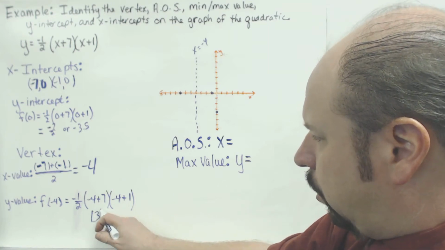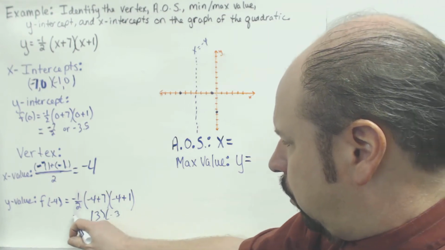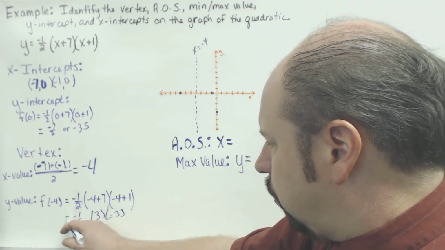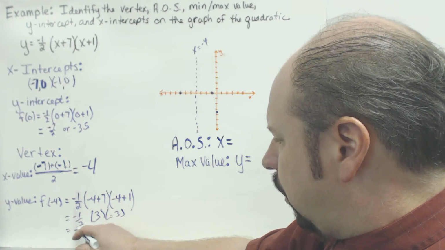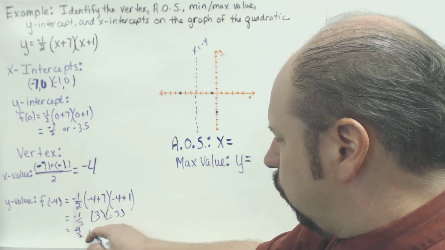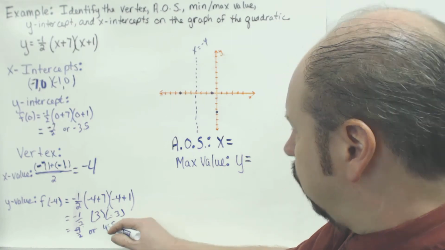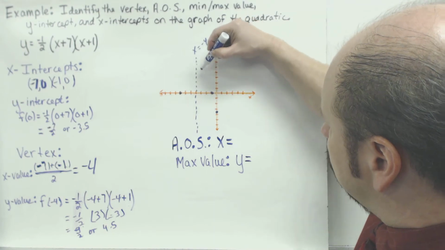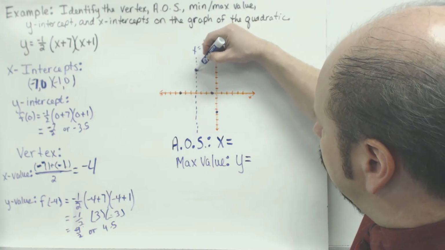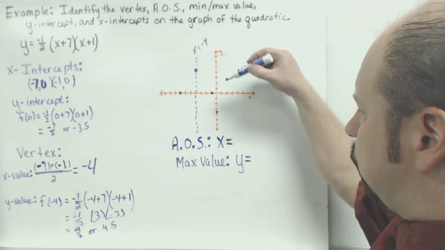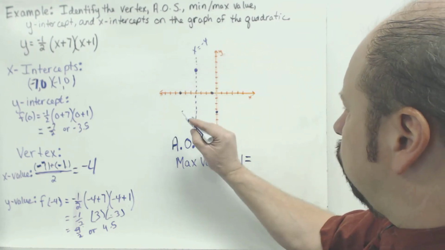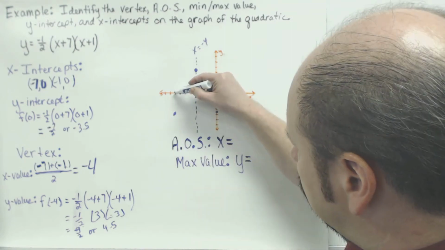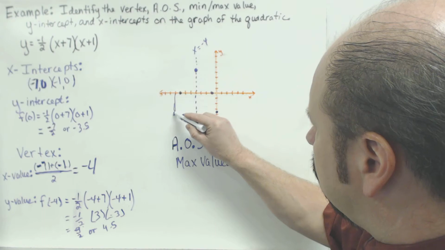So 3 times -3 times -1/2. Actually, it's positive 9/2, or 4.5. So 4.5 in the y direction is right about there. Okay, so one more over here. If we go one more over here, we have this point on our graph right here.